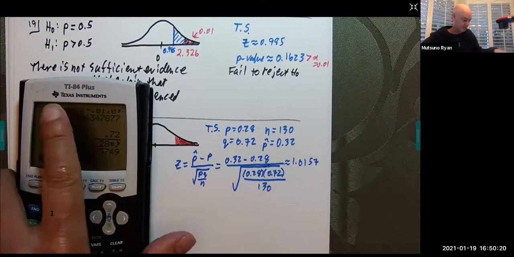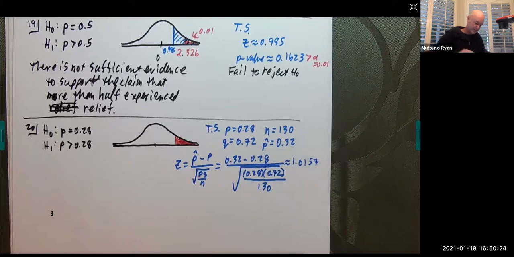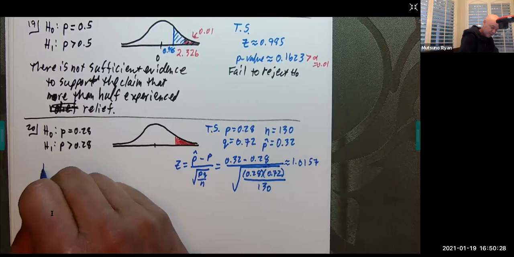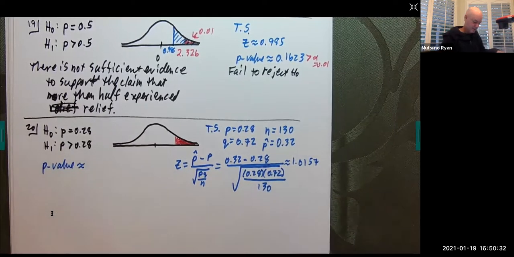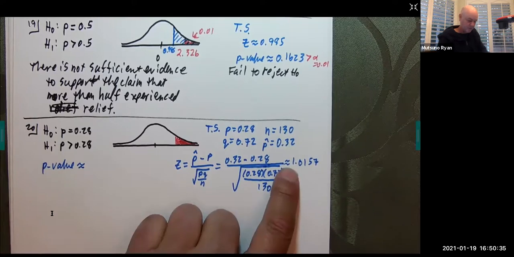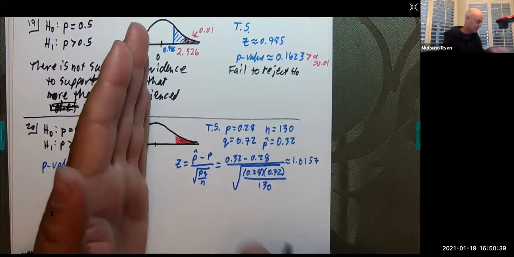So to find the p-value, wherever that is on the scale, we know that it's right tail, so the p-value is going to be 1.0157 as my lower bound, and my upper bound is going to be 99999.